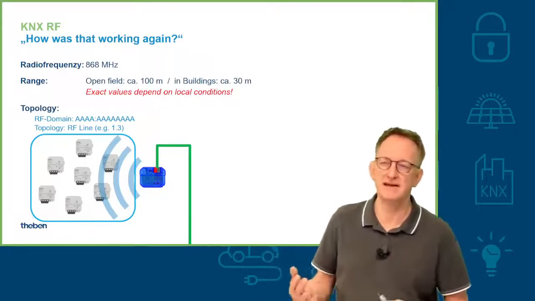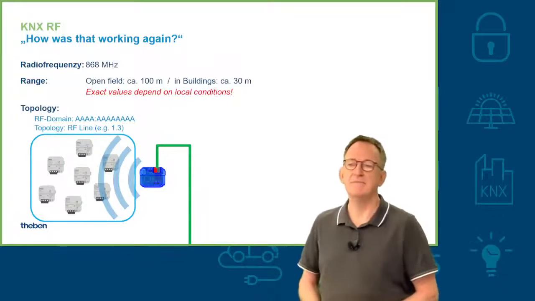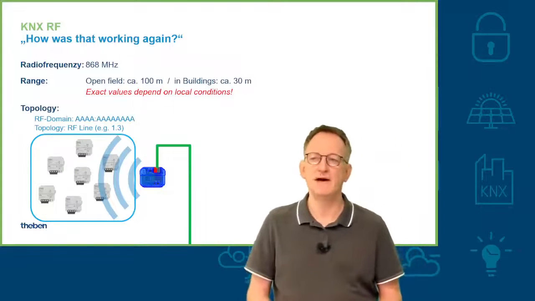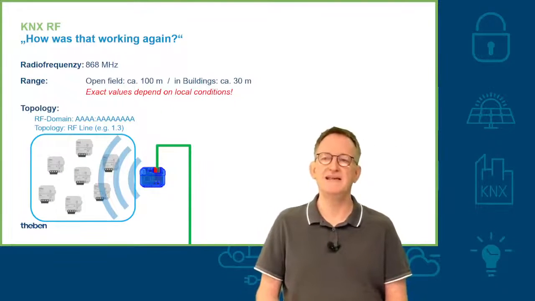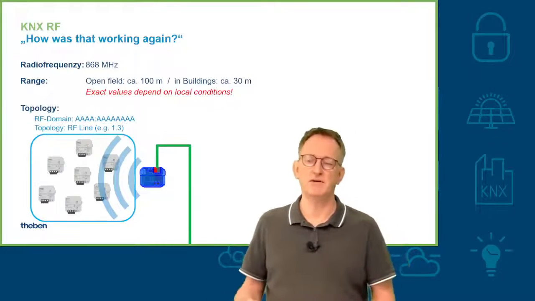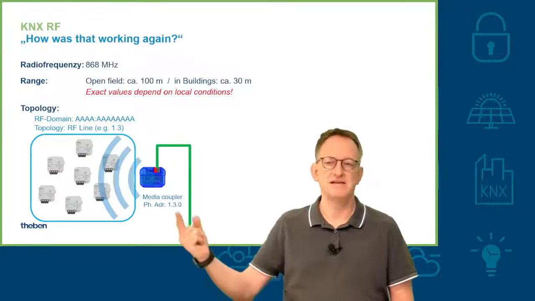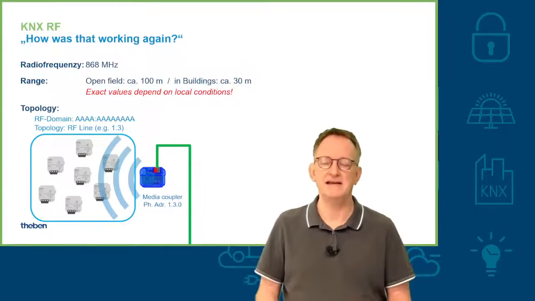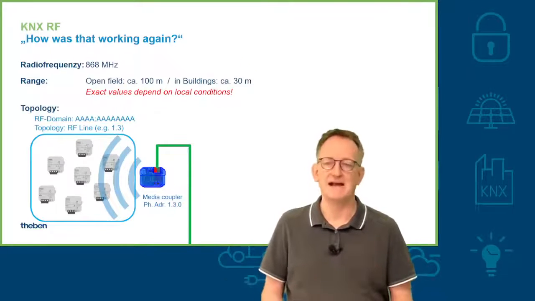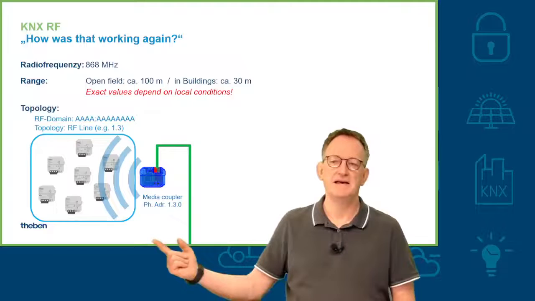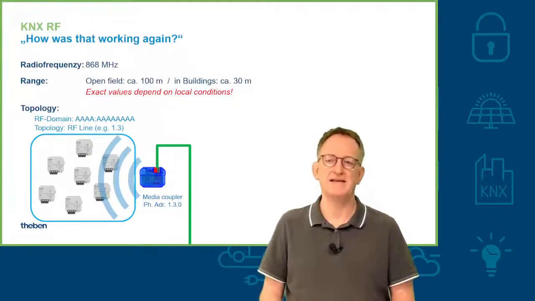This domain has its own name, and only devices which are in that domain can talk to that media coupler. The media coupler itself also has a physical address, and as you can see, it has a 0 at the end, so it acts like a normal line coupler. And the RF line has its own line ID.